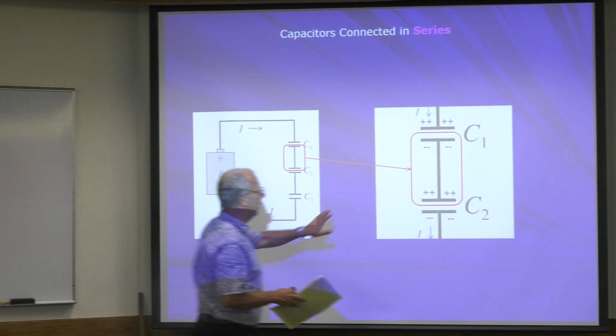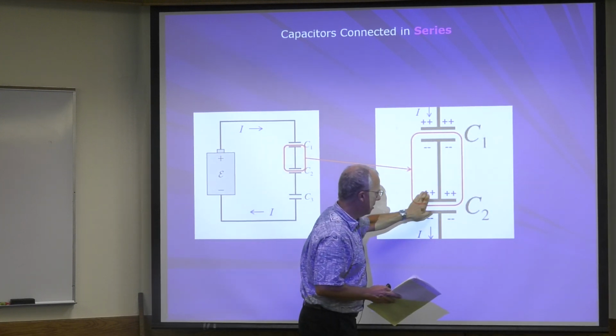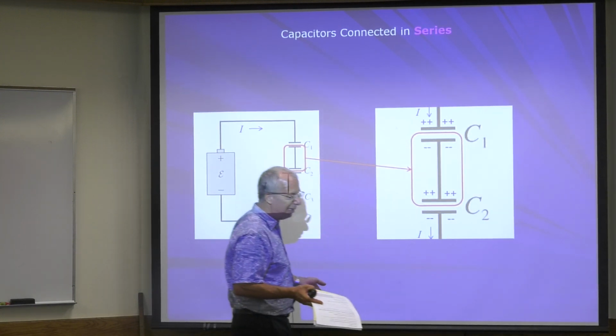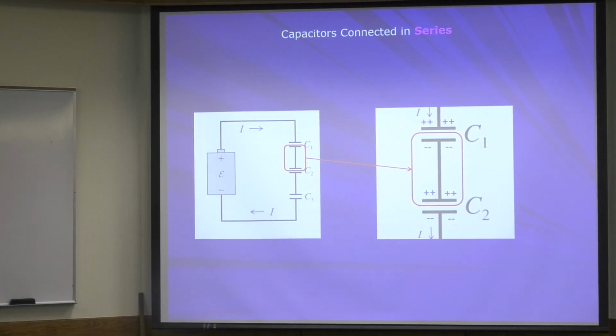I'm really trying to say that this charge here for C1 has to be the same charge as C2. So the thing that you want to remember is capacitors in series have the same charge. That's the big deal. So let's do it.